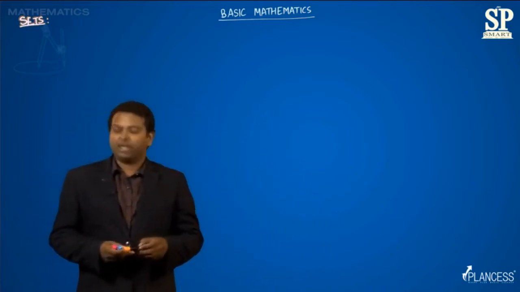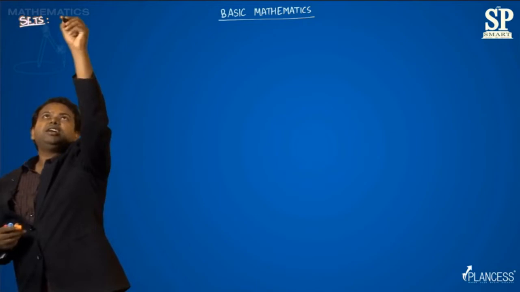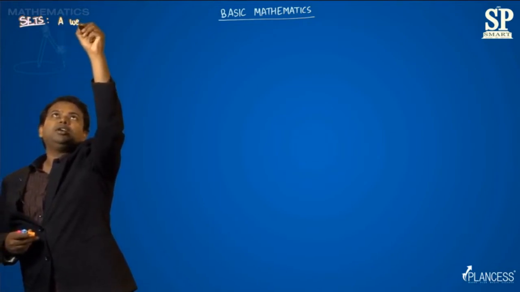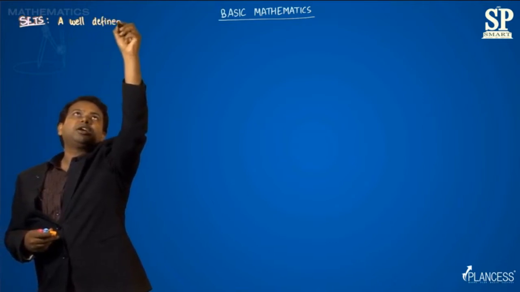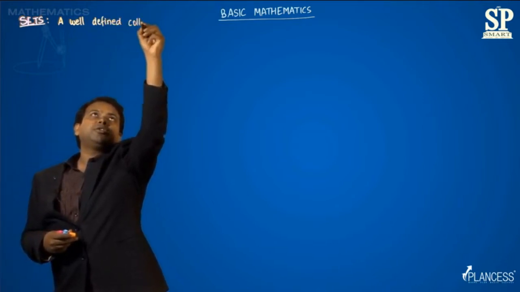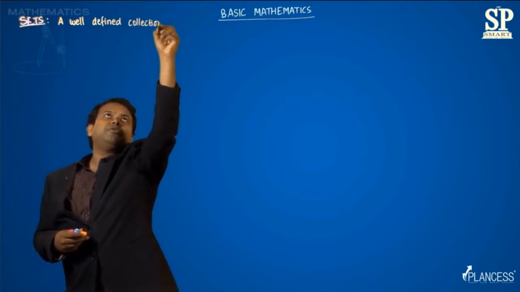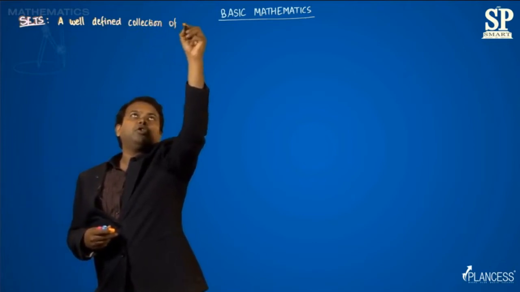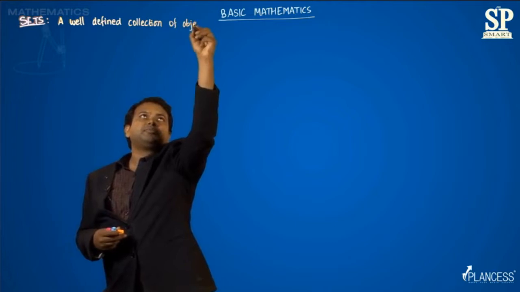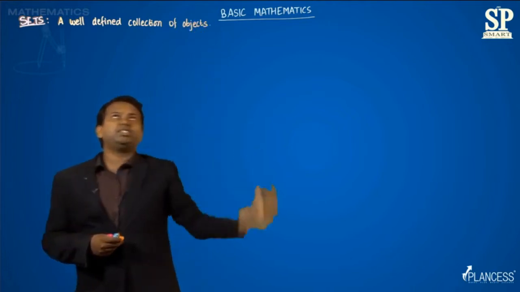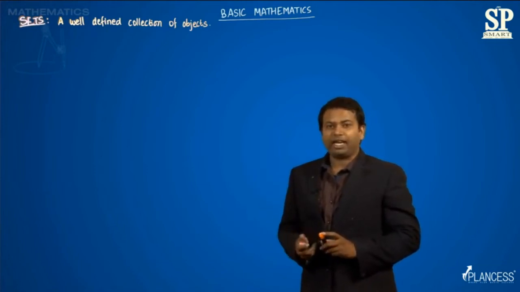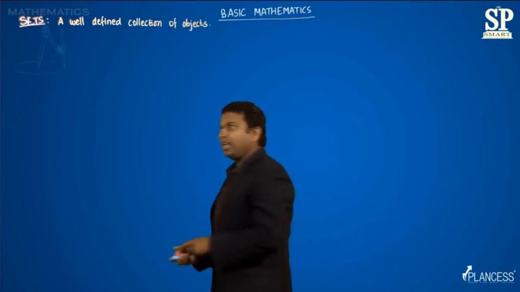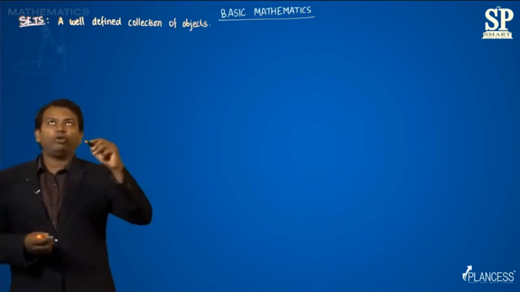So first, the definition. A set is defined as a well-defined collection of objects. So this is the definition of a set. It is a well-defined collection of objects. Next thing is, how do we represent?